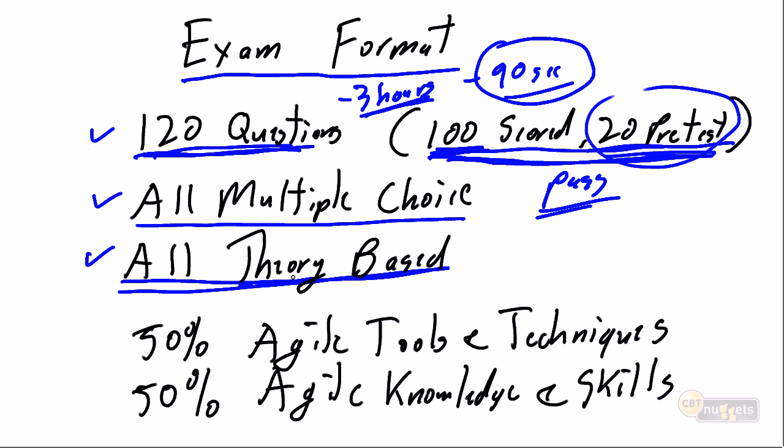If I was an active project manager and I was presented with this scenario, what is the best answer? You'll get none of those experience-based questions in the ACP. They're all going to be theory-based questions.